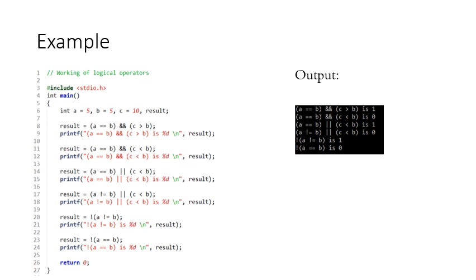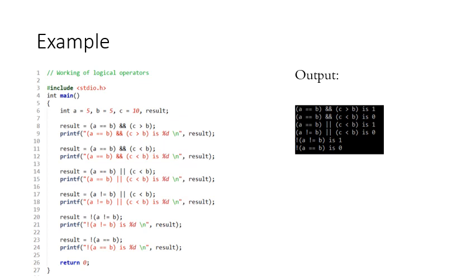So this will return a false. So the first operand a equals b is true, but since the second operand is false, your result will be equal to 0. Again, in the logical and, we want both operands to be true.